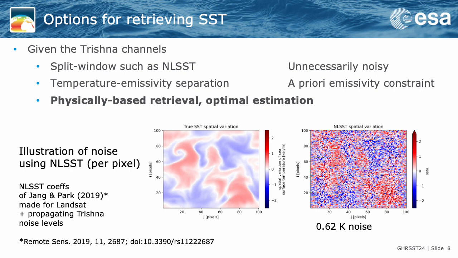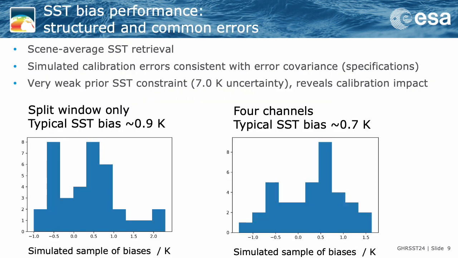So I'm going to be exploring a physically based retrieval, a form of optimal estimation. In optimal estimation, we use the difference between the expected brightness temperature, so the prior brightness temperature, and the observations to infer how to nudge the prior sea surface temperature towards a more accurate value.